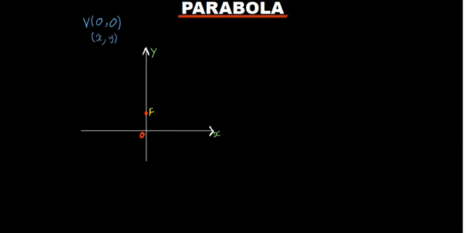All right. So another point that we really have to understand is that the vertex is the midpoint between the focus and the fixed line, which is called the directrix itself. So it basically means the directrix would be somewhere here, somewhere there.